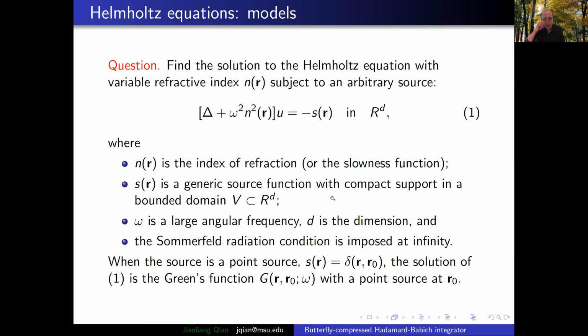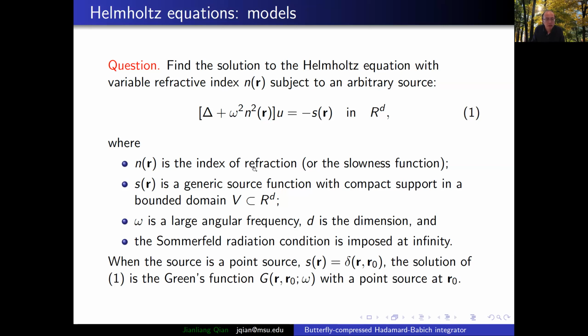Let's start with the Helmholtz equation. We would find the solution to the Helmholtz equation with a variable refractive index subject to an arbitrary source. That's the right-hand side, which is arbitrary, not just a point source, and this allows us to easily handle inverse scattering problems because we will have some kind of perturbed right-hand side.